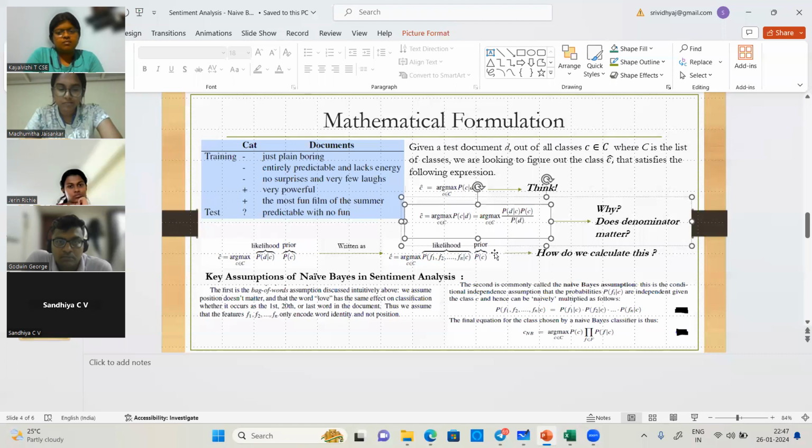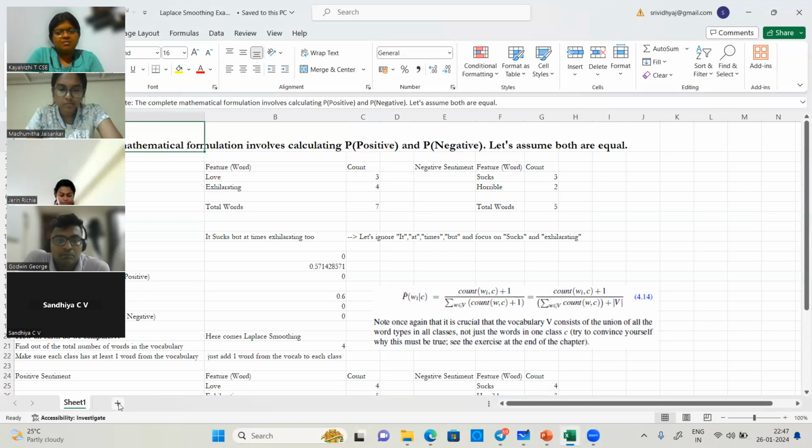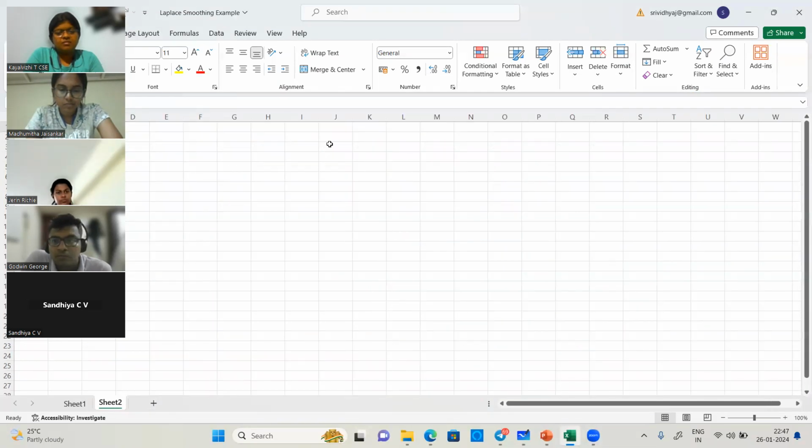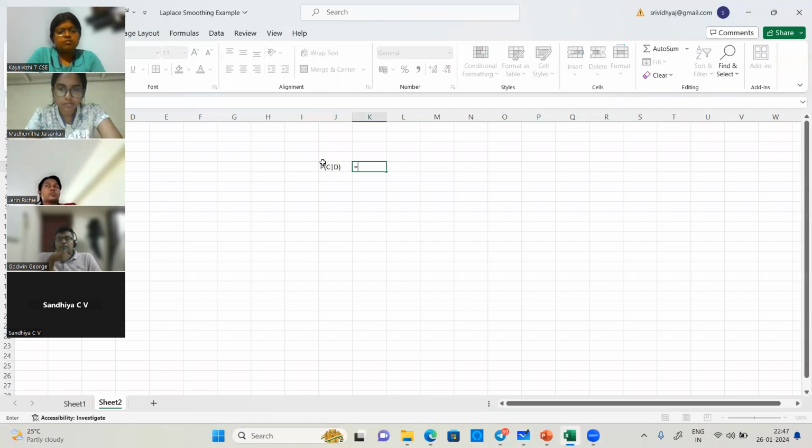Okay, let's do this. So probability of C given D, right? I'll just do it on Excel. This is simple stuff. Probability of C given D is equal to, what does Bayes theorem suggest? I think by this time we should all understand the formulation of Bayes theorem.